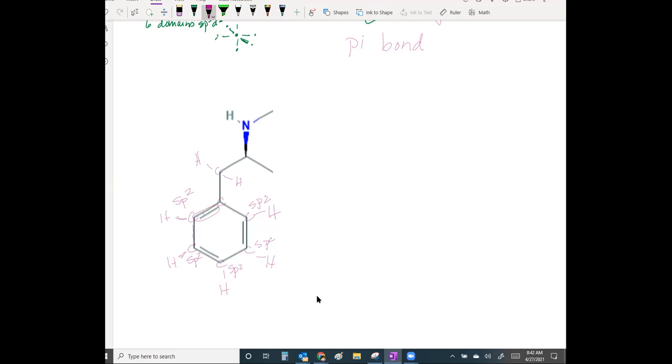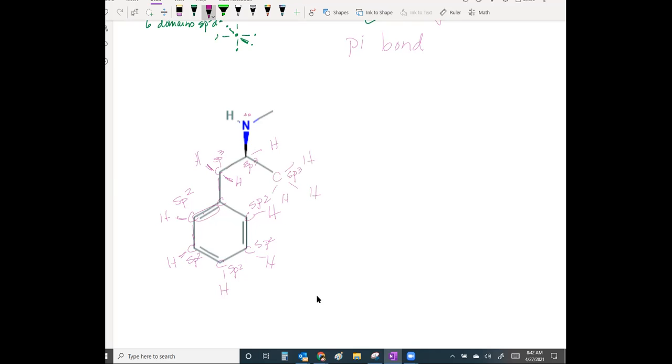I wouldn't expect you to be able to recognize this because this is organic chemistry. But if it has 2 hydrogens it's bonded to and 2 bonds, this is sp3. This one here is also going to be sp3. This carbon is bonded to 3 hydrogens, so it's also sp3.